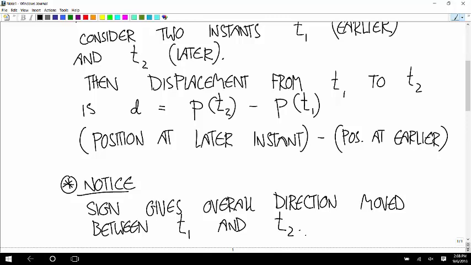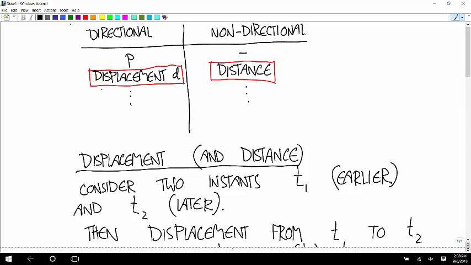So if you have a positive displacement, it means overall from the first instant to the later instant, you've moved in the positive direction. If the displacement is negative, it means overall you've moved in the negative direction. So when I say displacement is a directional quantity, that's what I mean. The sign tells you the direction you've gone.